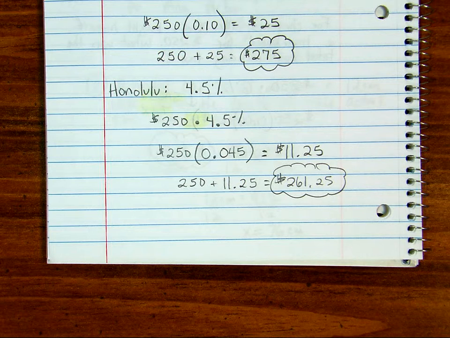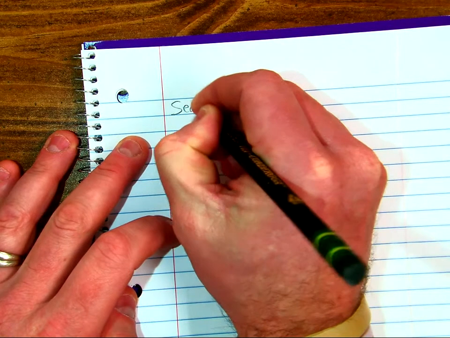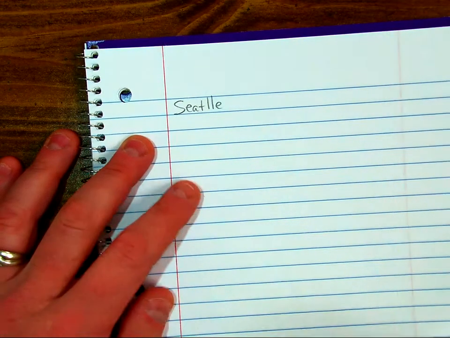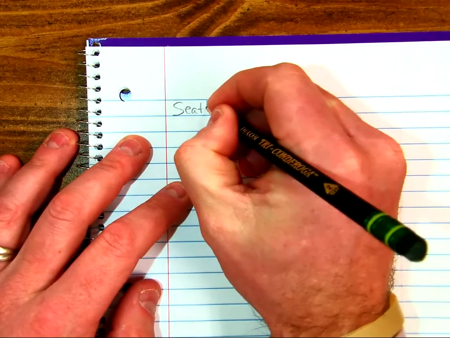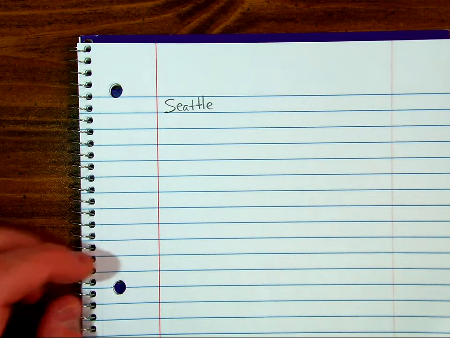Actually, we're going to do Seattle right now. Or actually, we are not. You are going to do Seattle. I think I spelled that wrong. Two T's. Seattle, Washington. Flew there about 5 years ago.